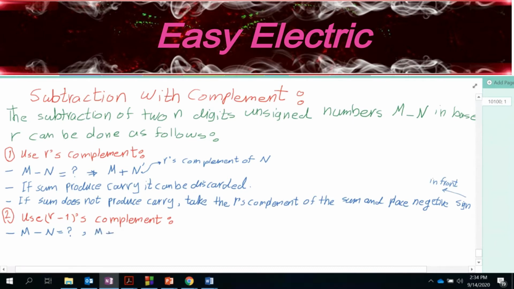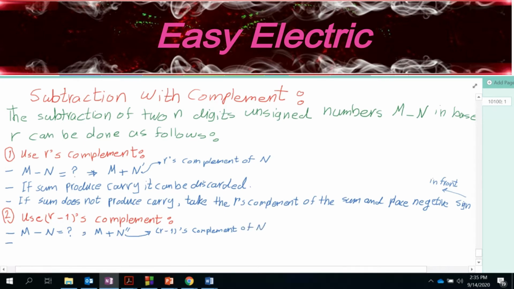So for doing that, you say, okay, m plus n double prime, which means the r minus 1 complement of the second number, okay? Let me add this: what I put here as a double prime, the n double prime, is the r minus 1's complement of n.